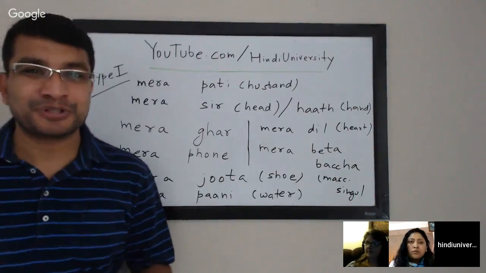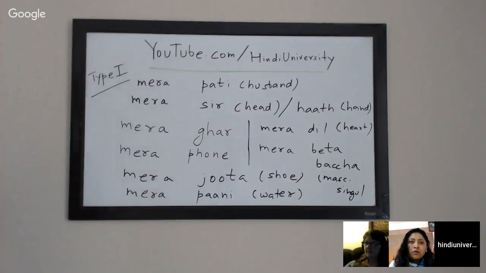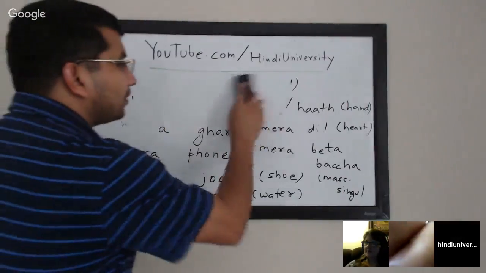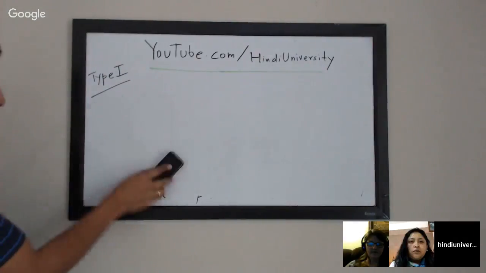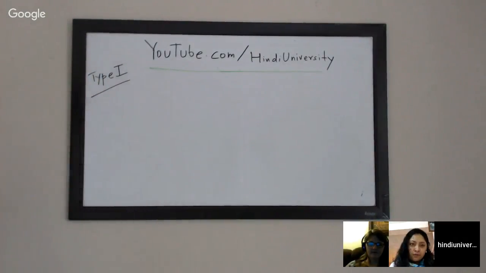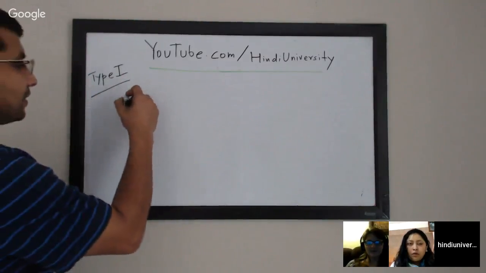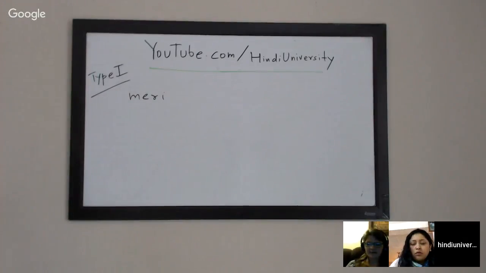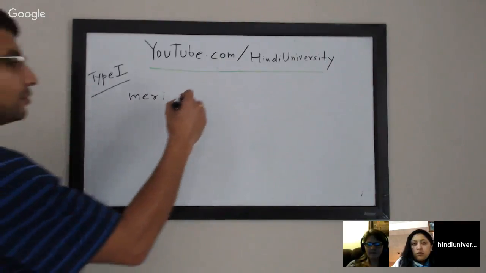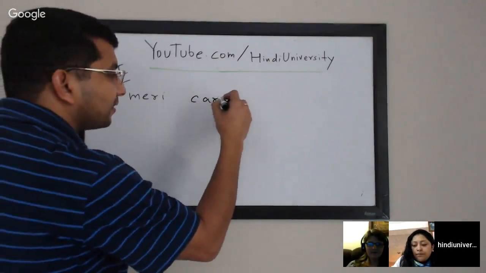Again, there are many exceptions, but I'm just showing you some simple scenarios which will help you determine whether it's masculine or feminine. Okay, so I'm going to give you now the examples for mere, and this is just type 1 before we jump to more complex scenarios. Okay, so now let's go to type 1 again, but what about meri? Which objects are feminine singular? Okay, so some of you already mentioned meri car or meri gadi.